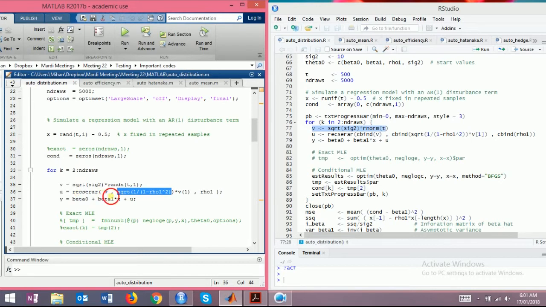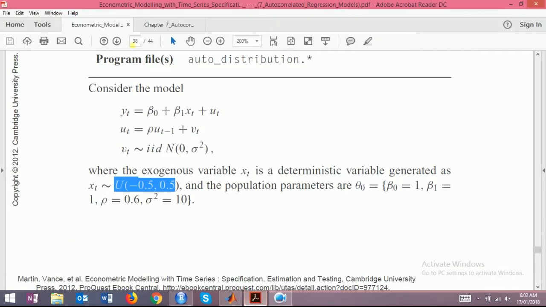For rexr, we have x, y naught and a matrix of dimension n by k, which is x exogenous. Here instead of x we put v, and instead of y naught, the initial value, we use the square root of 1 divided by 1 minus rho square. Obviously, 1 by 1 minus rho square is coming from the information matrix I22. Let me show you.